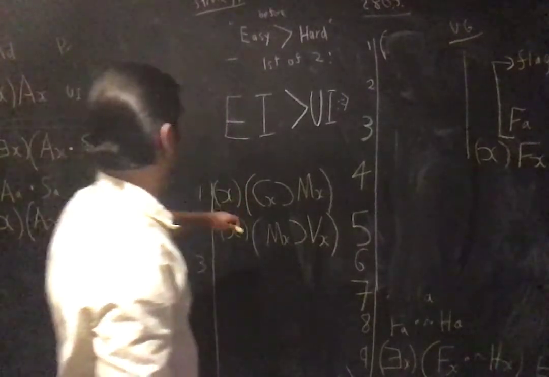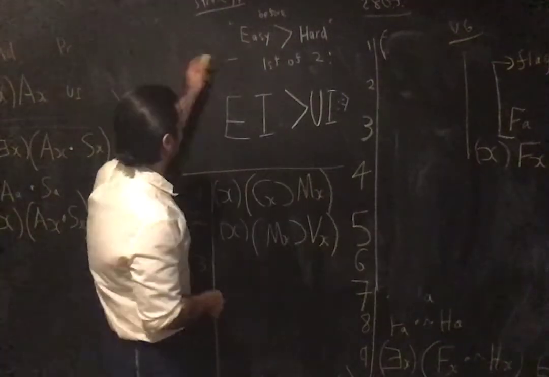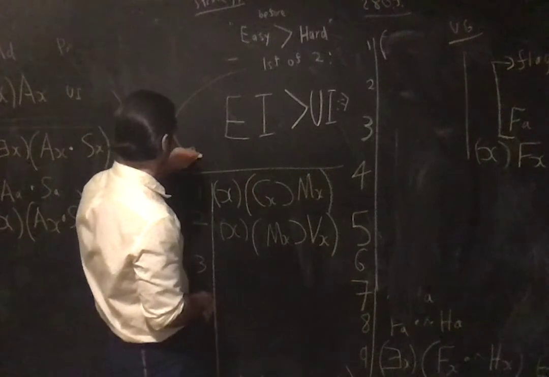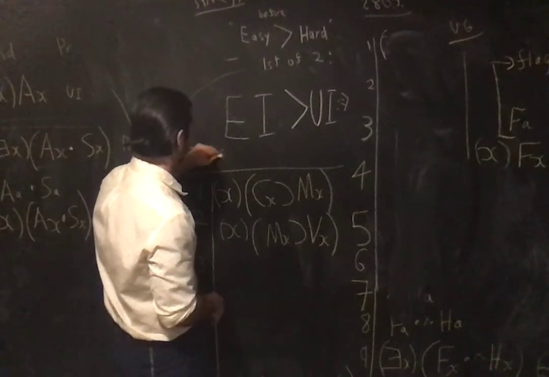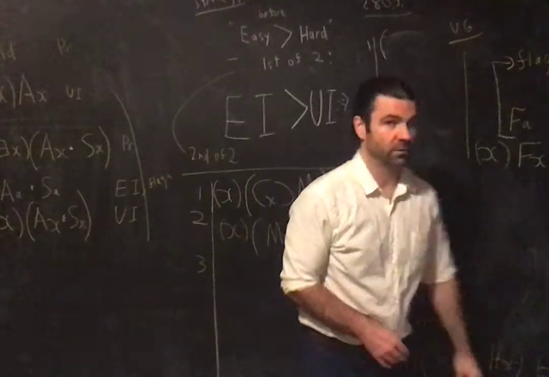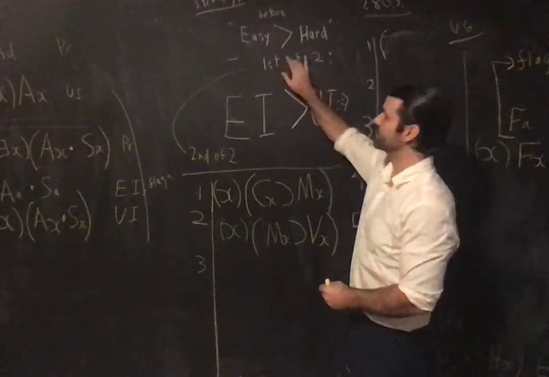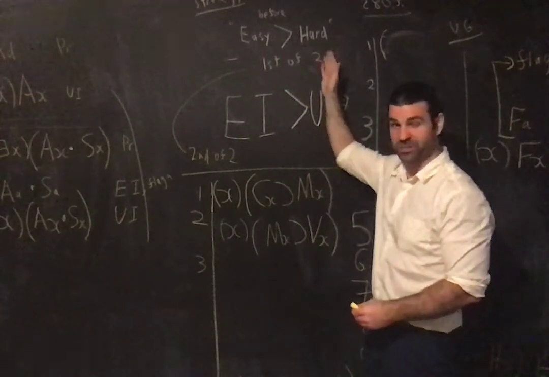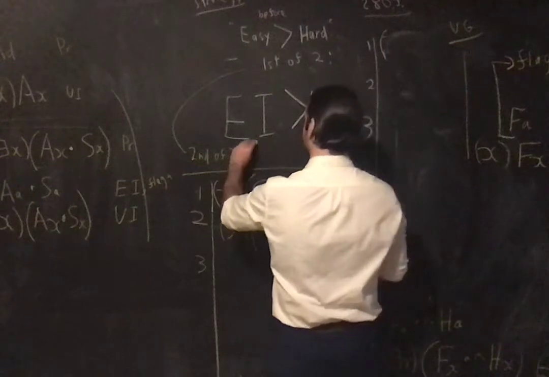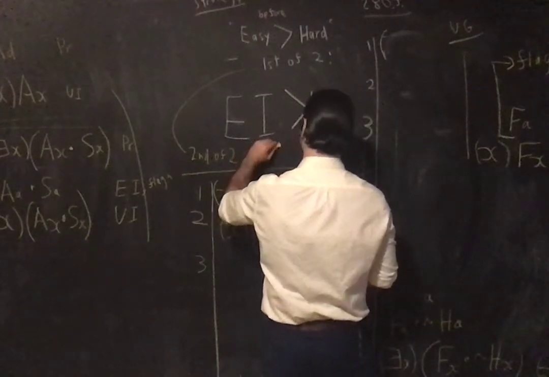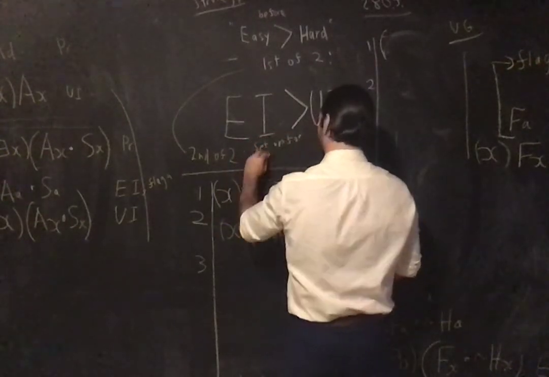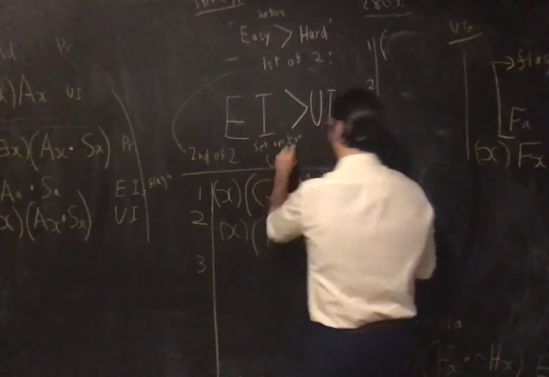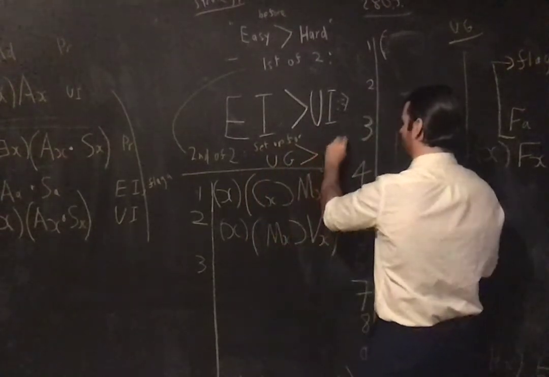We're now in the context of the second of two easy before hard strategy tips, which is set up for UG before doing a UI.